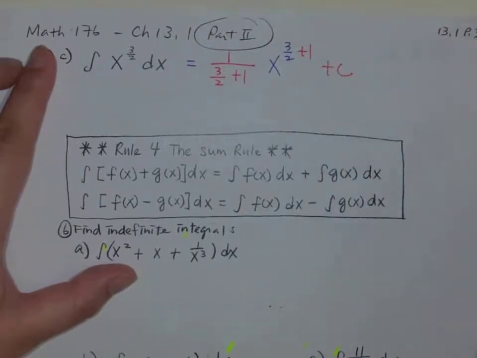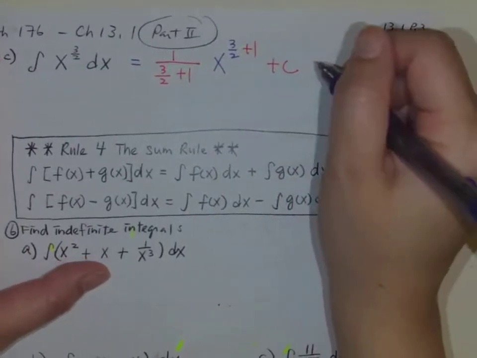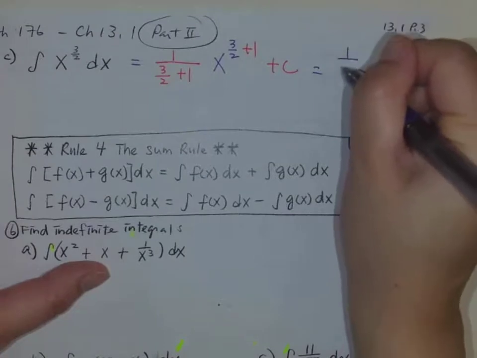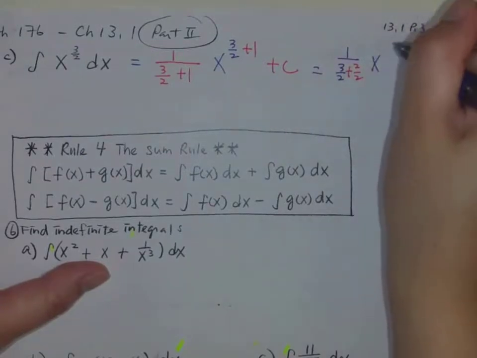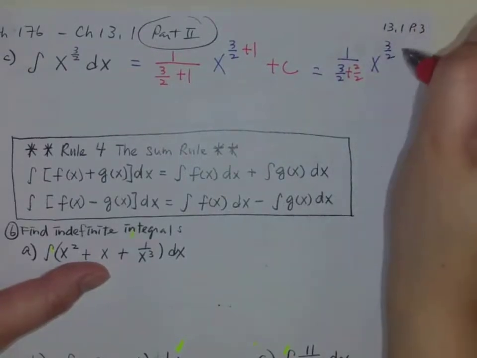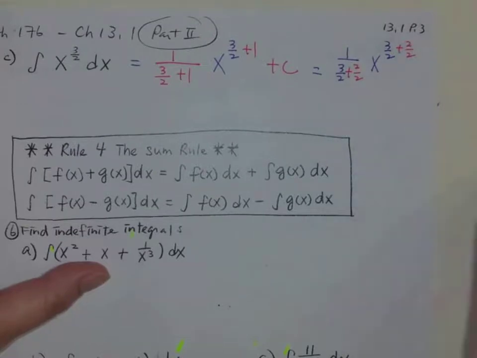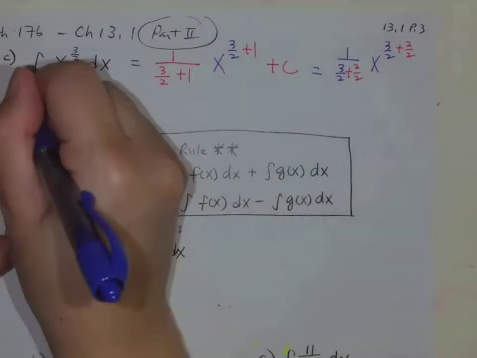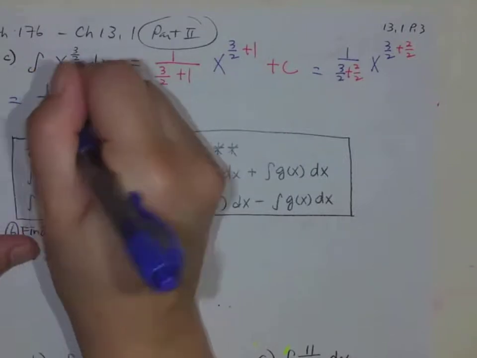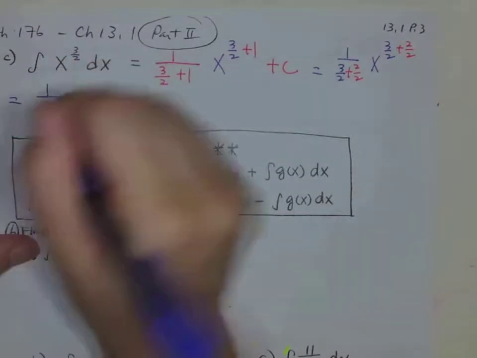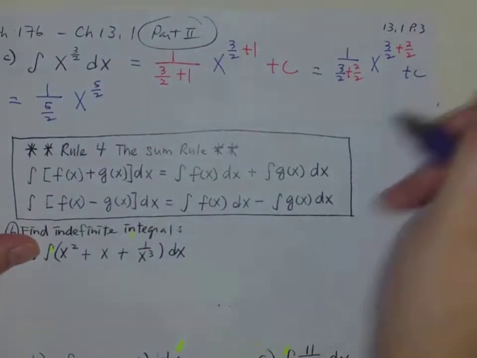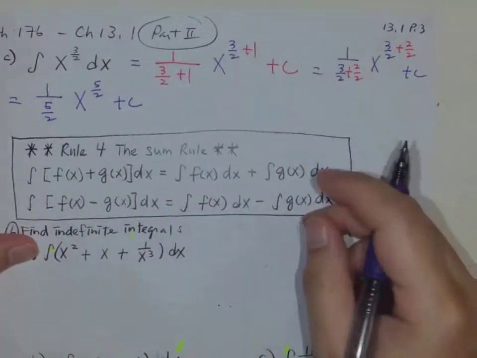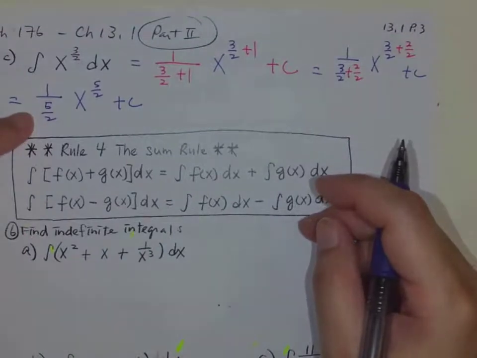That seems to get forgotten a lot. And the next part, we have 1 over, this is 3/2, basically plus 2/2, right? And then we have x also 3/2 plus 2/2. So after we clean that up, we got 1 over 5/2, and then x also 5/2, right? Oh, don't forget plus c. Let's see. Alright, so what does that mean?